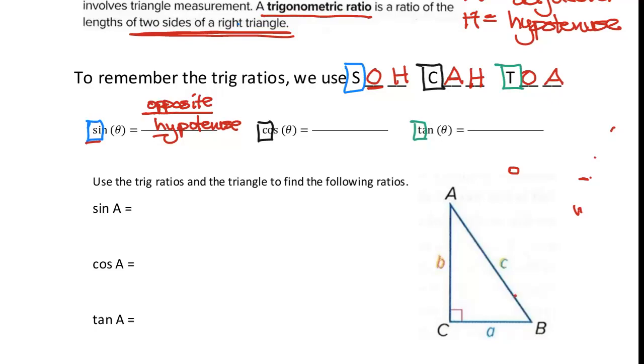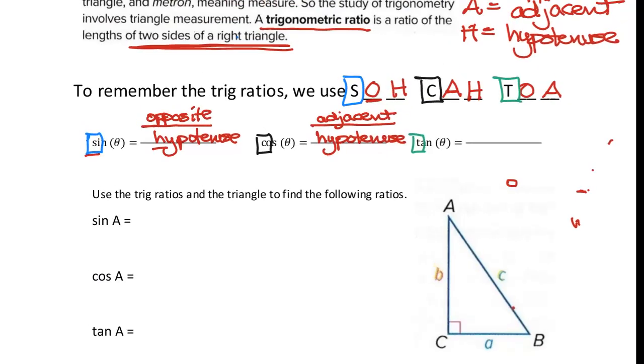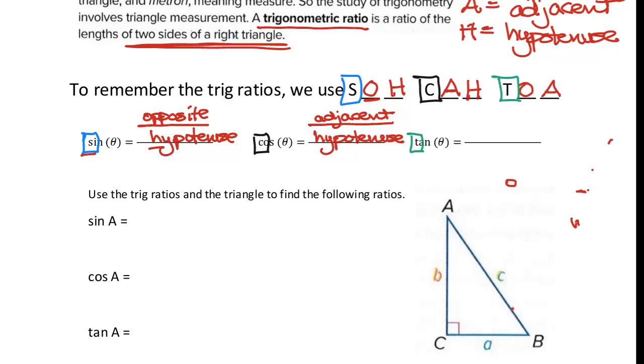The cosine of an angle uses the adjacent length of a triangle divided by H, which stands for the hypotenuse. And finally, the tangent of an angle is equal to O, which is the opposite side from the angle, divided by the adjacent side. Okay?